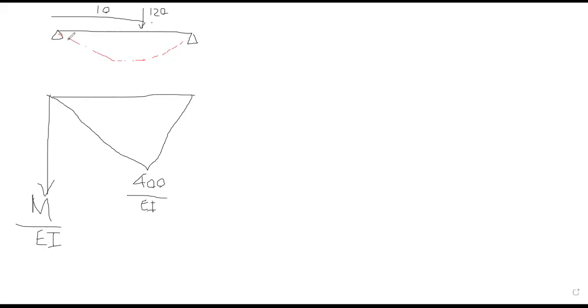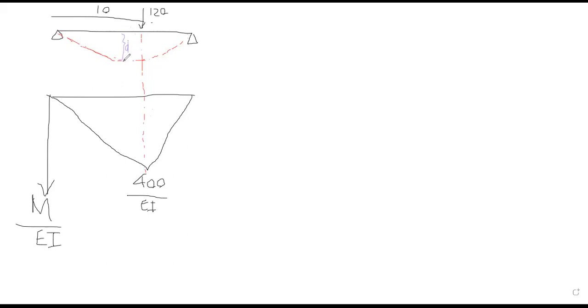Right. So the point is the maximum deflection does not occur under the load, but the maximum bending moment occurs underneath the load, right? This is the maximum bending moment. It happens underneath the load, but here is the maximum deflection, right? So get the things right.